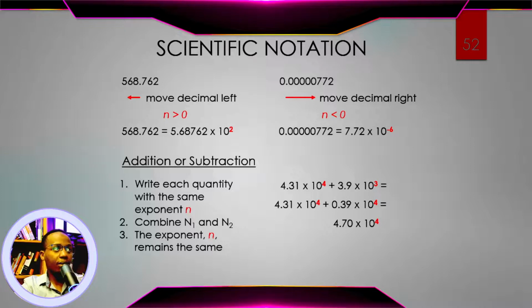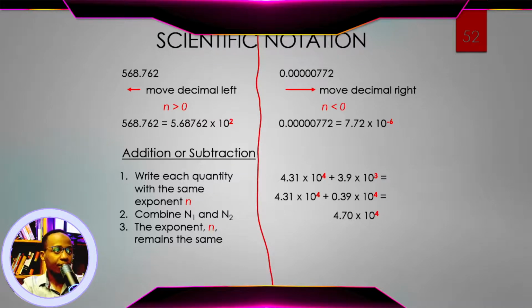If you have a number that's above 1, we're going to divide this into two camps. If you have a number that's above 1, you're going to move the decimal to the left until you have one number left.